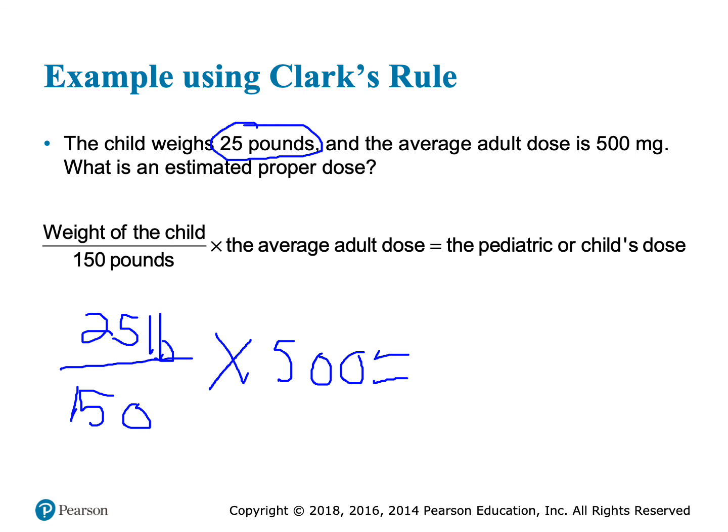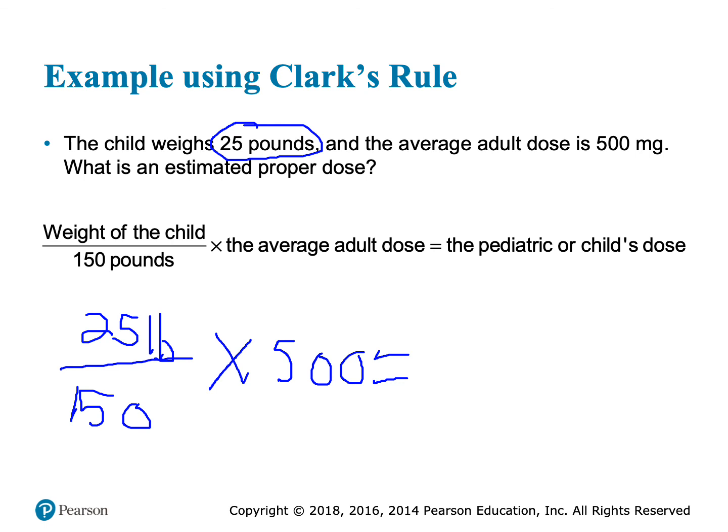All right, so the easiest way to tackle this is to first divide our 150 into 25. And when we do that, we get 0.17, right?